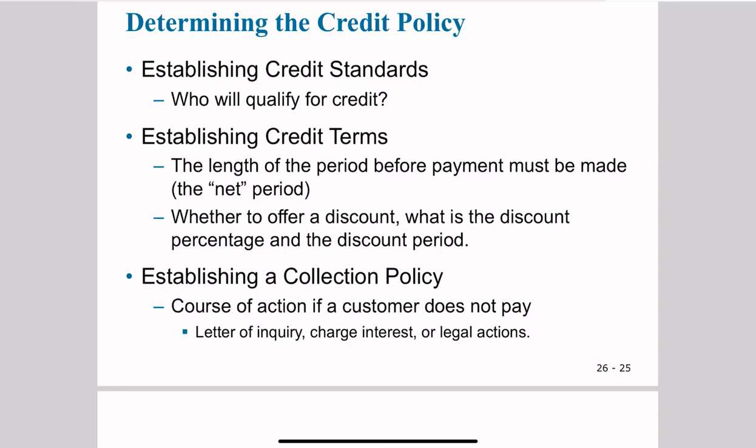That is, which customer will qualify for its trade credit. Of course, if the firm has enough information on its customers, then generally the firm should give credit to customers with good credit history.